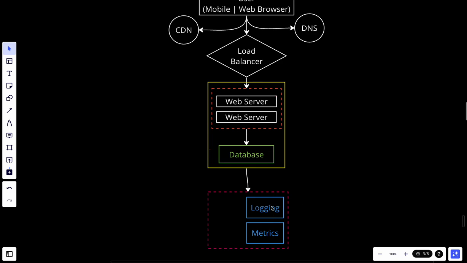The thing that they share is that they are used to analyze system behavior. While both provide valuable insights into system performance and health, they serve different purposes.